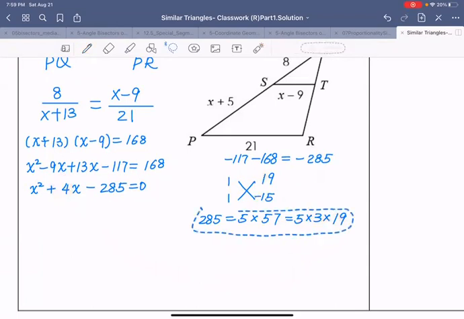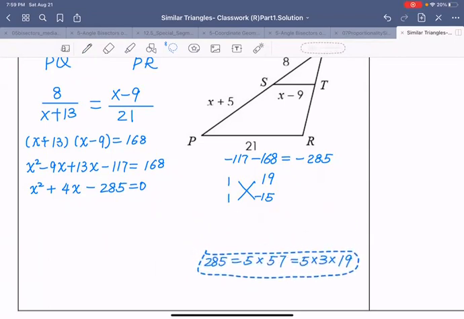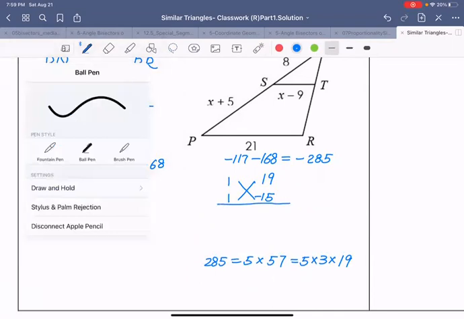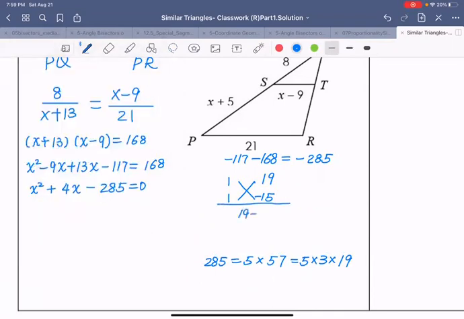Does this make sense to you? Yeah. Okay. So this becomes x plus 19 times x minus 15 equals 0, and there you go.